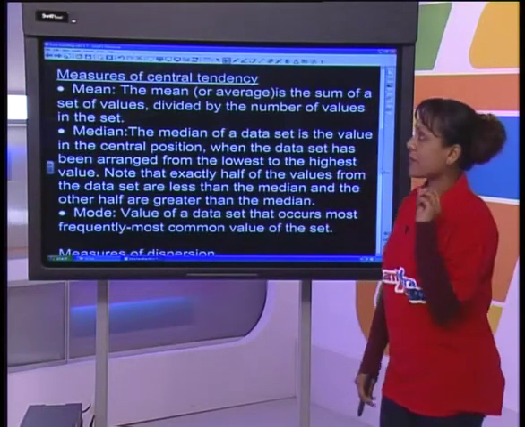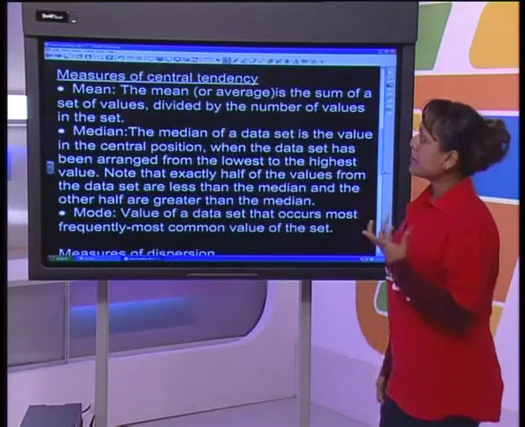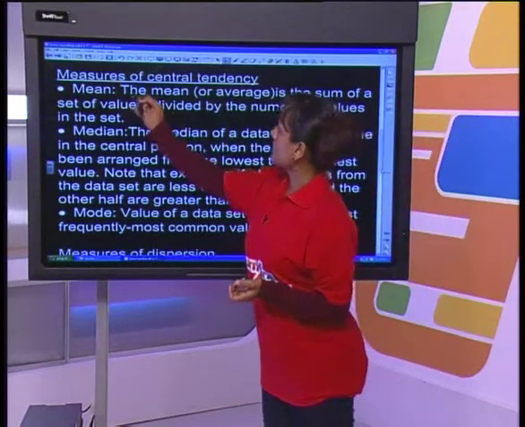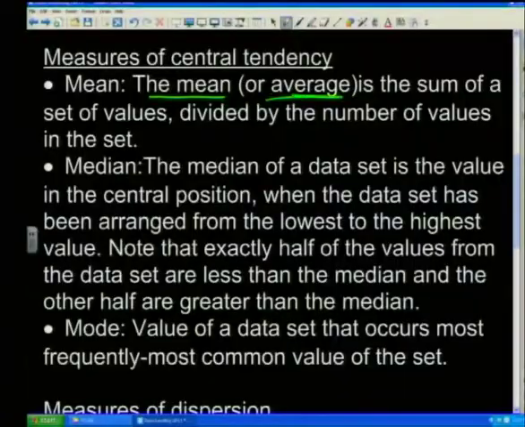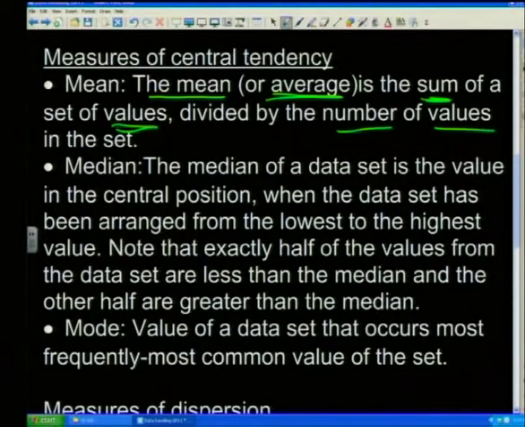We're going to move on to measures of central tendency, and some of these terms you will remember from grade 10. The mean, another way we say the mean is the average, and it really is just the sum. So we add up everything in that set of values. You add all your values together and you divide by the number of values in the set.